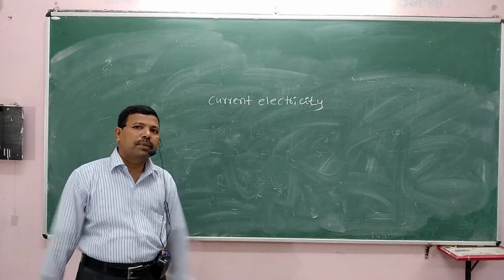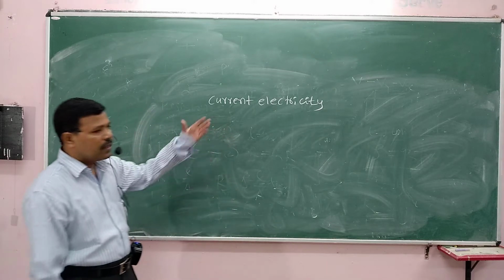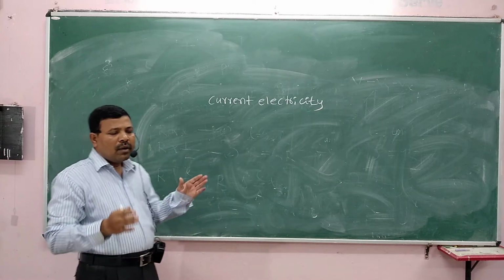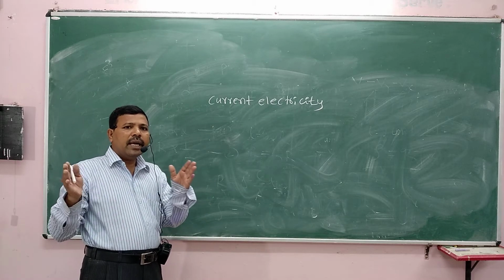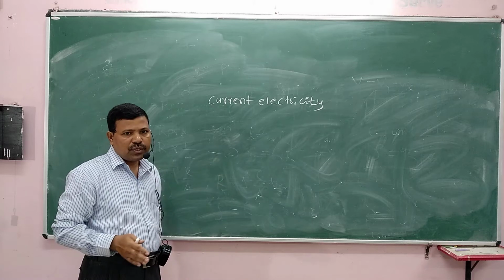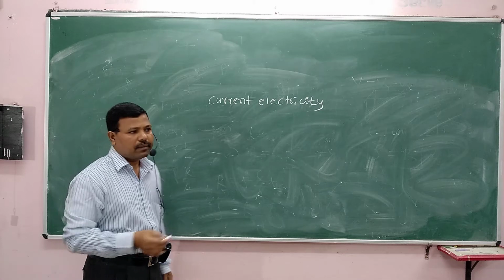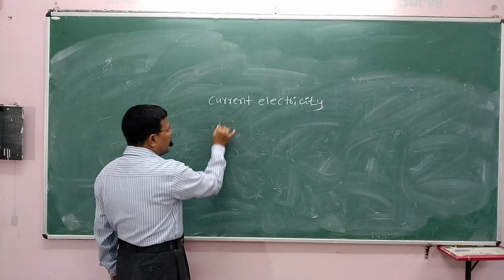Let us begin the unit current electricity. Basically, we learn that the rate of flow of charges through a conductor is known as electric current. Let us look at a diagram.